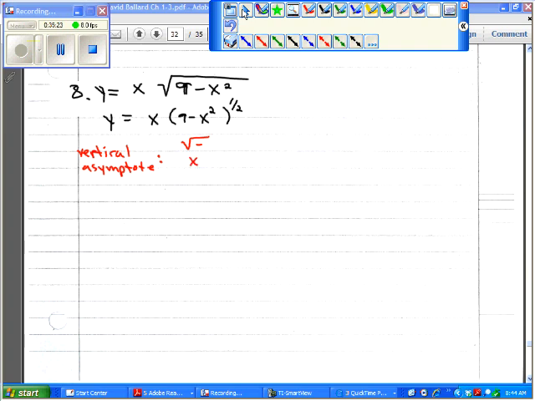So my values of x have to lie between -3 and +3, right?